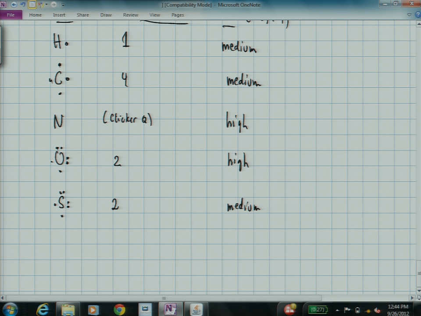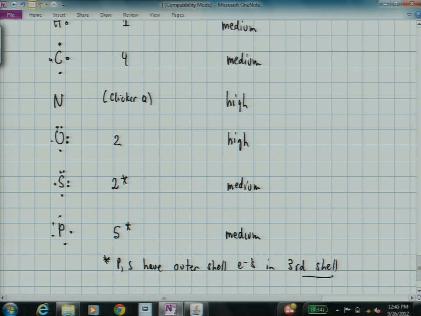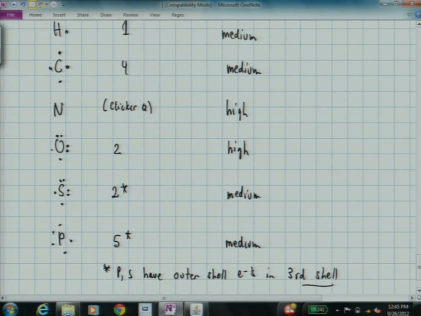It turns out that both phosphorus and sulfur have outer shell electrons in the 3rd shell. If you look, they have outer shell electrons in yet another shell, which has a greater capacity, and so they behave slightly differently.